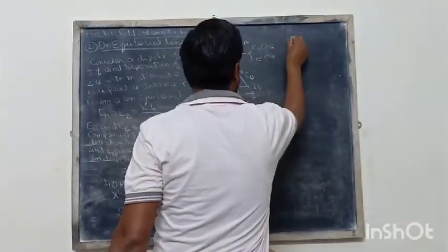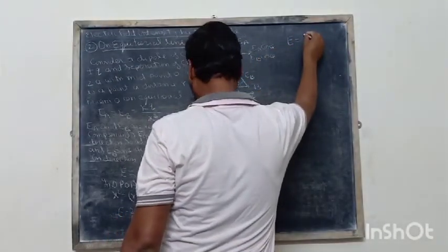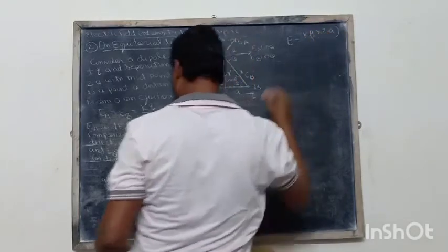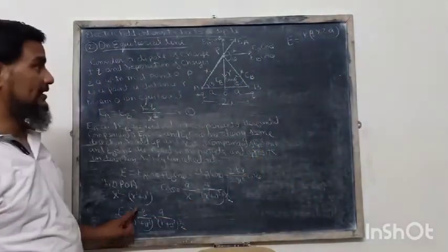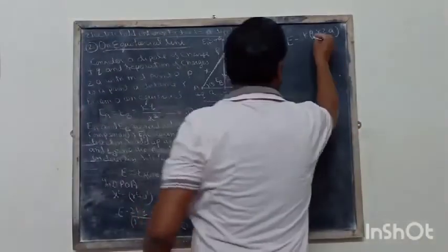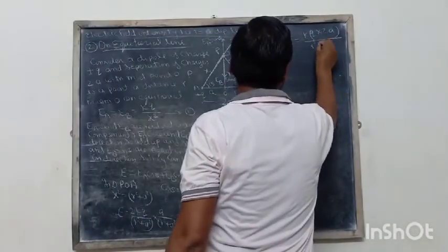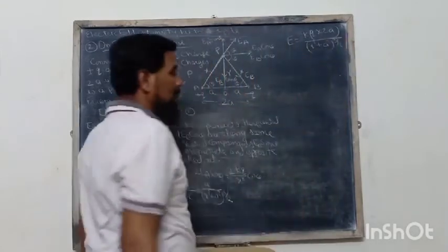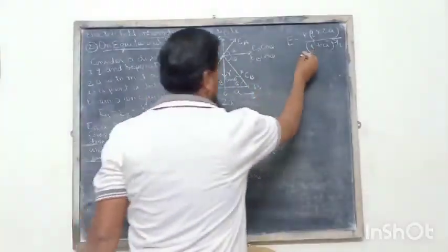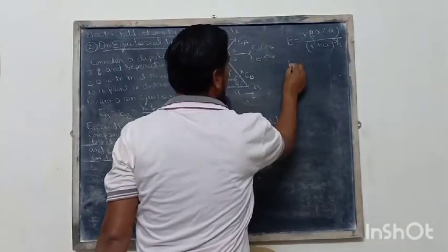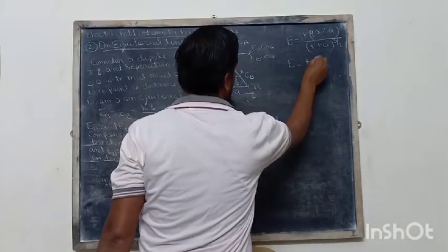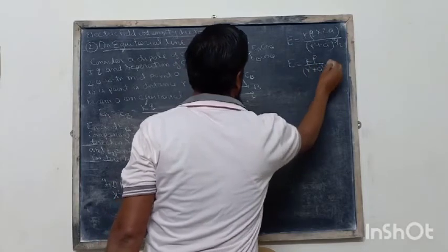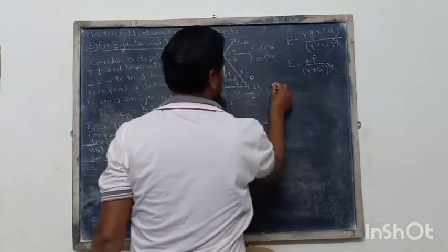So net electric field E is equal to kq into 2a, this 2 is taken with a, upon (r square plus a square) power 3 by 2. q into 2a is the electric dipole moment, so kp upon (r square plus a square) power 3 by 2.